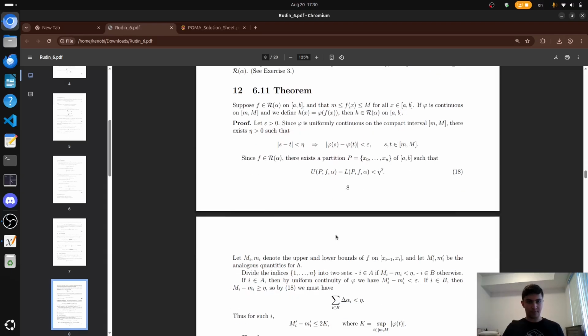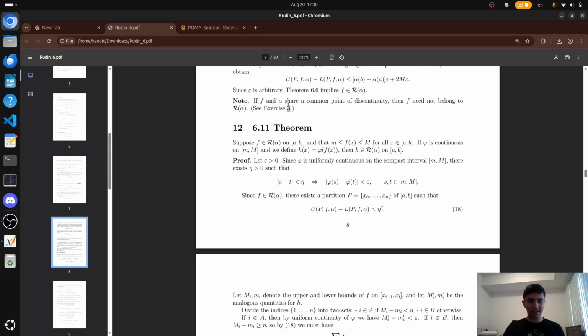Now, notice if f and alpha share a common point of discontinuity, then f need not belong to R alpha. And there's actually exercise 3 for this. I mean, it's pretty obvious. If you think about an example where this might not work, it's basically a step function, where you're taking values between the steps, or taking one endpoint included and the other not included.